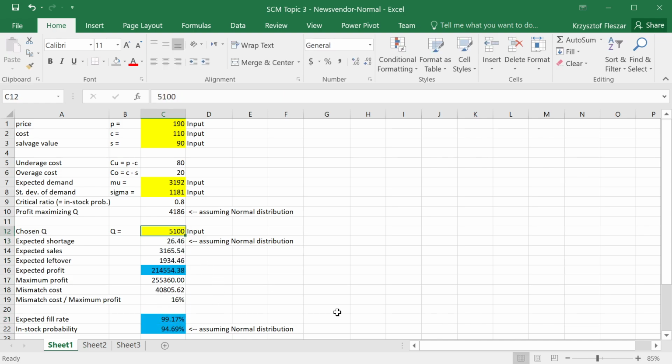So it's close to 5,000, and by playing with the number, you can discover that some value around 5,005 gives you almost exactly 99%. Again, is that exactly 99%? If we see more digits, you'll see that it's not actually exactly 99%, but it's extremely close to that number. So that's the way that we can find the order quantity that will give us a desired fill rate.